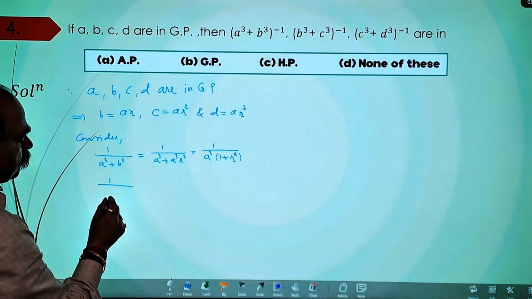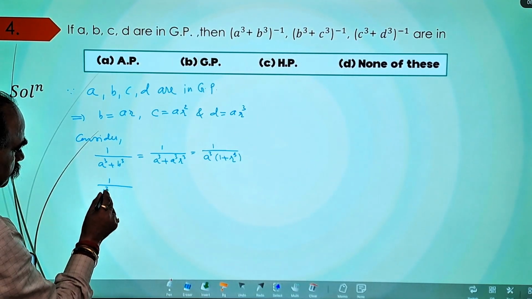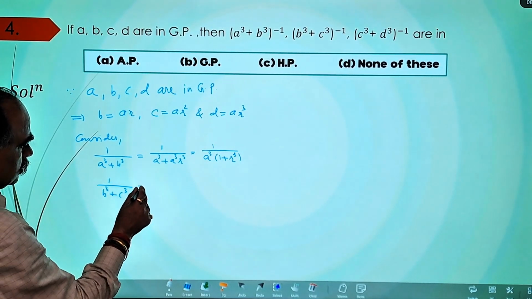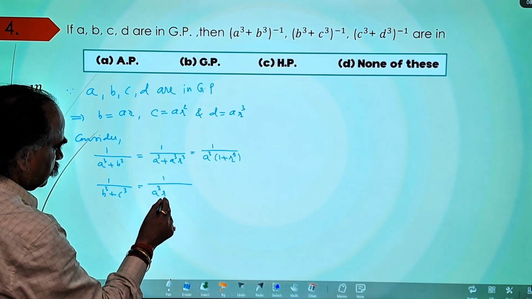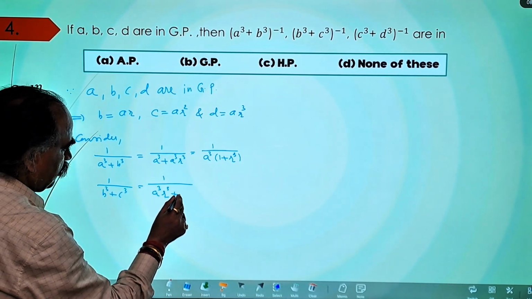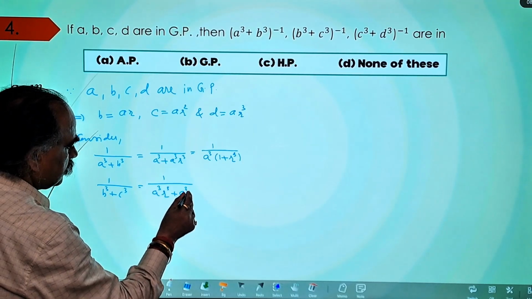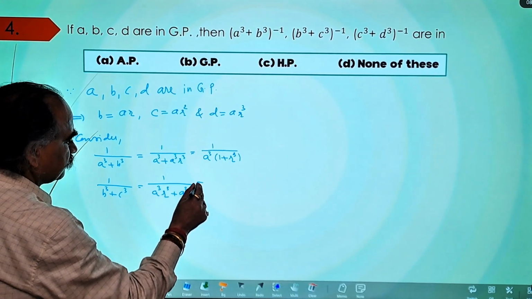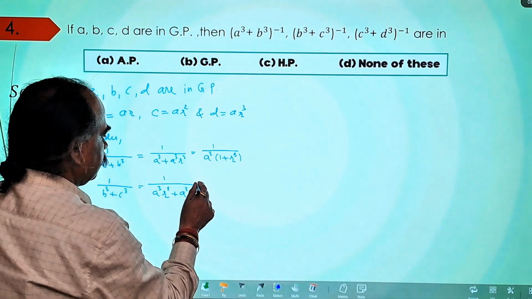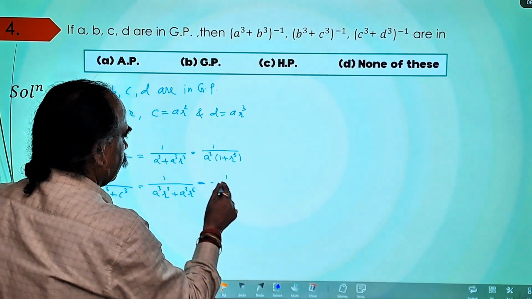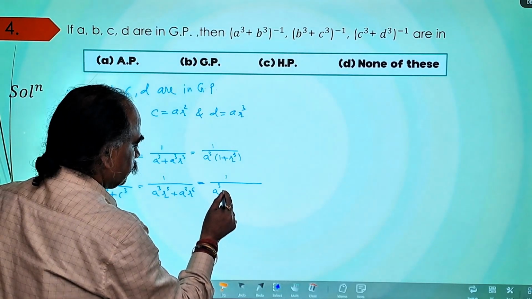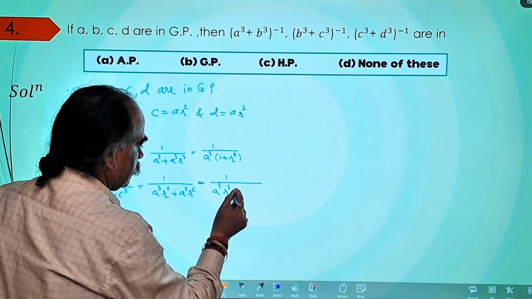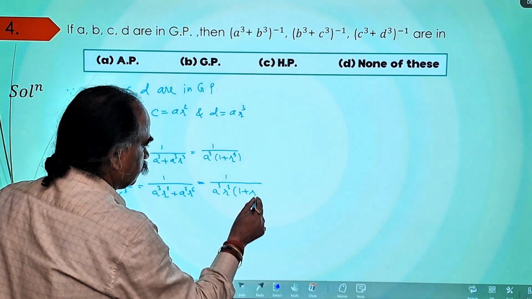1 upon B cube plus C cube. 1 upon A cube R cube plus 1 upon A cube R raised to 6 will give you 1 upon A cube R cube common. So 1 plus R cube.